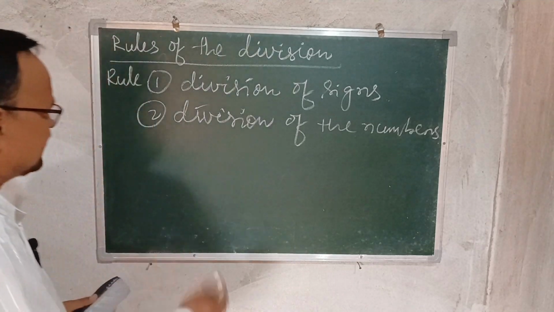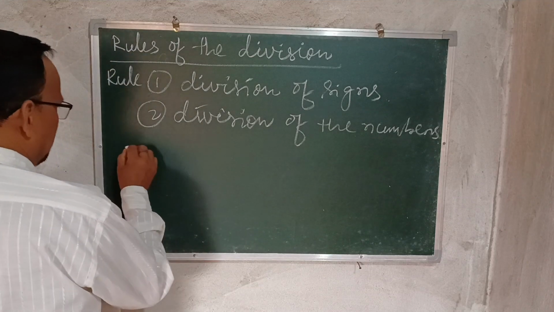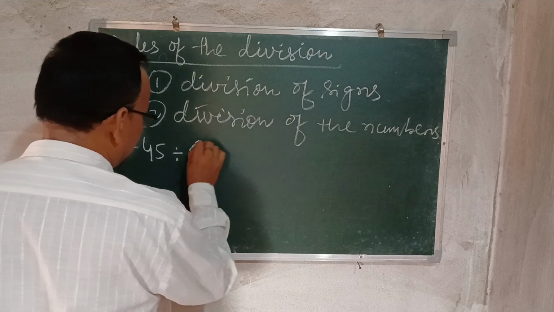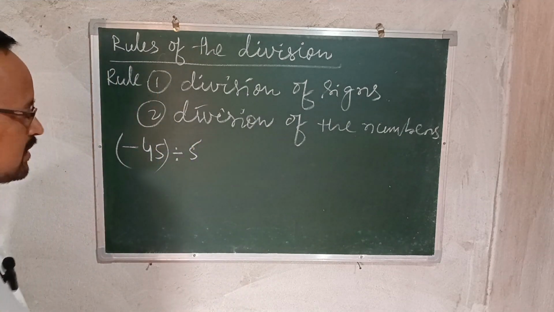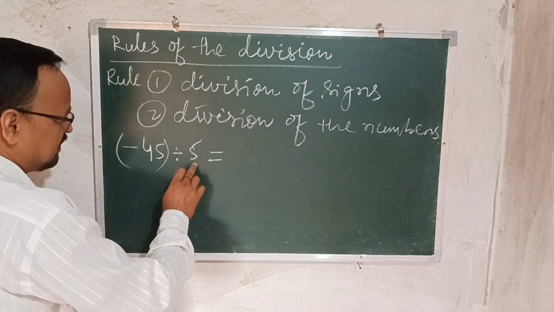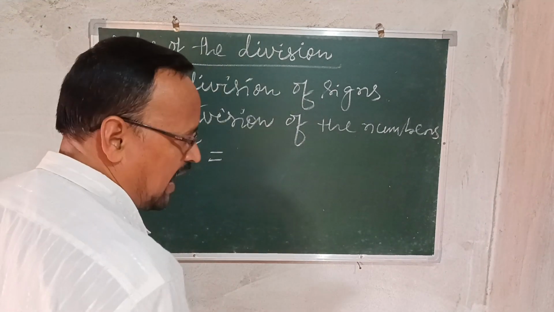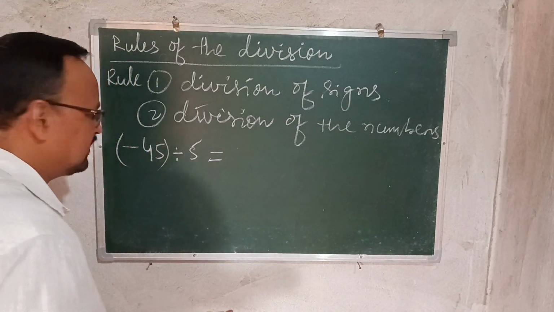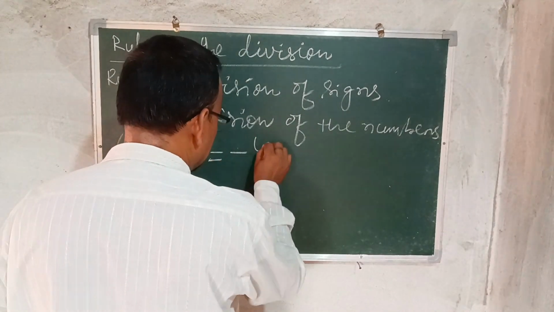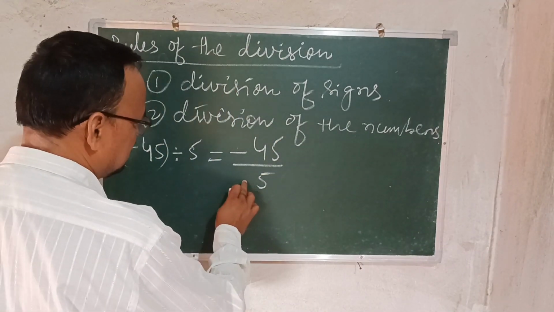Now let us take an example. Suppose two integers are given: -45 divided by 5. How to solve that? This is -45, the dividend, and this is 5, the divisor. So we have to find the quotient. When we divide -45 by 5, the 5 here is plus.